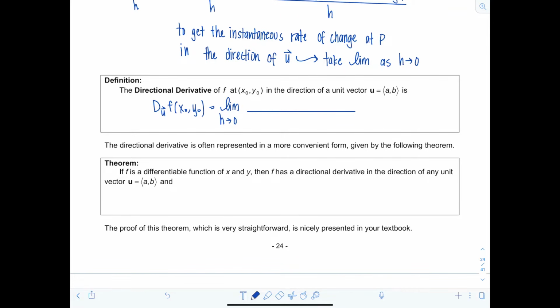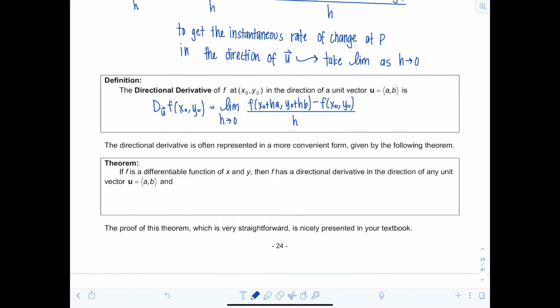In the numerator, we have that same difference from above, f of x naught plus ha, y naught plus hb, minus f of x naught, y naught, over h.